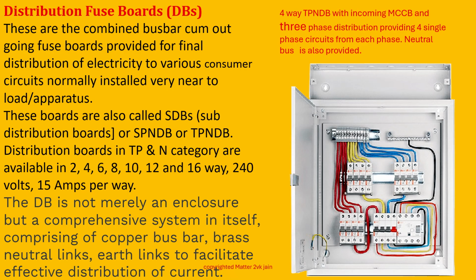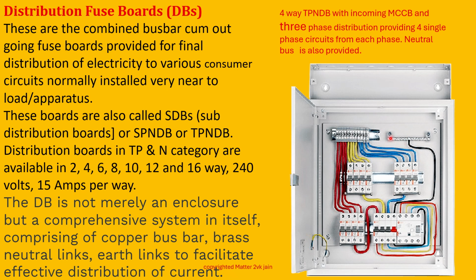The figure on the right side shows a 4-way TPN DB with incoming MCCB. This is the incoming MCCB, and these are the three red, yellow, and blue outgoing systems, each having four circuits, four wires: one, two, three, four.